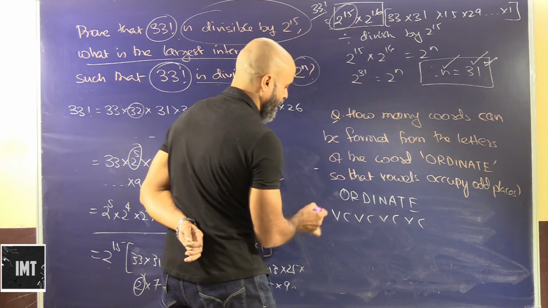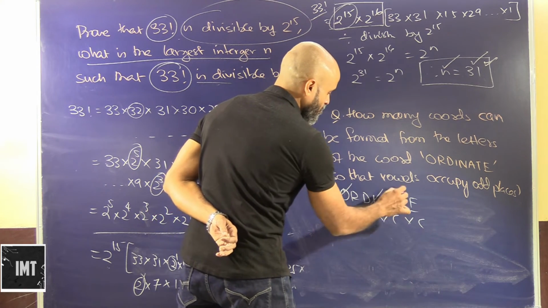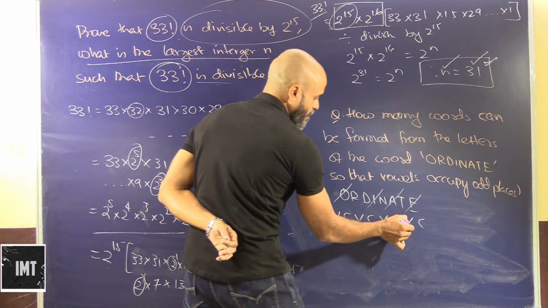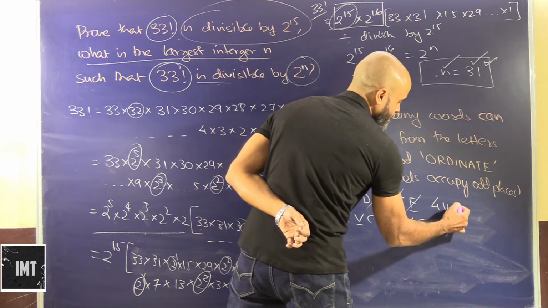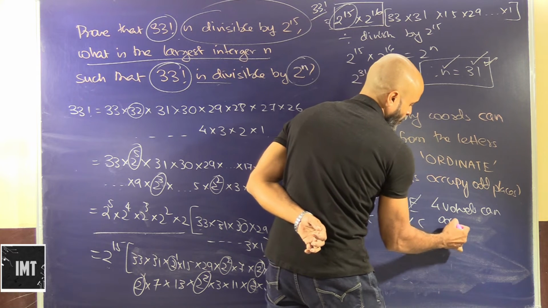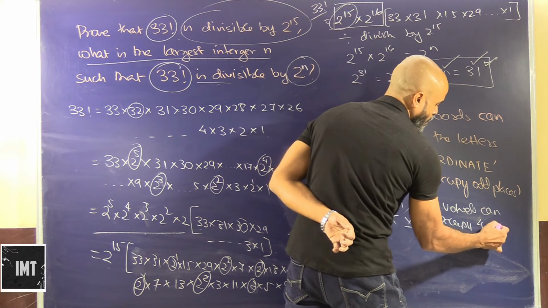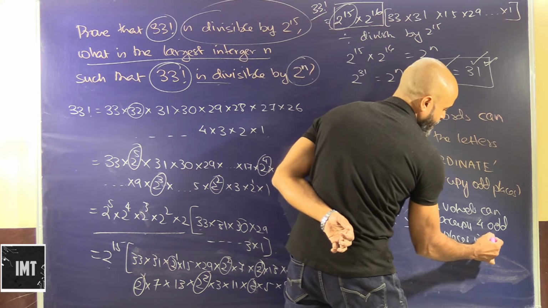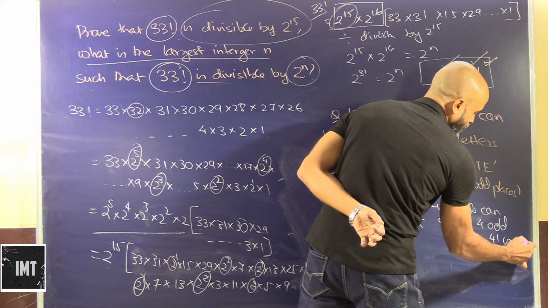How many vowels do we have here? 1 2 3 4. So 4 vowels can occupy these 4 odd places in factorial 4 ways.